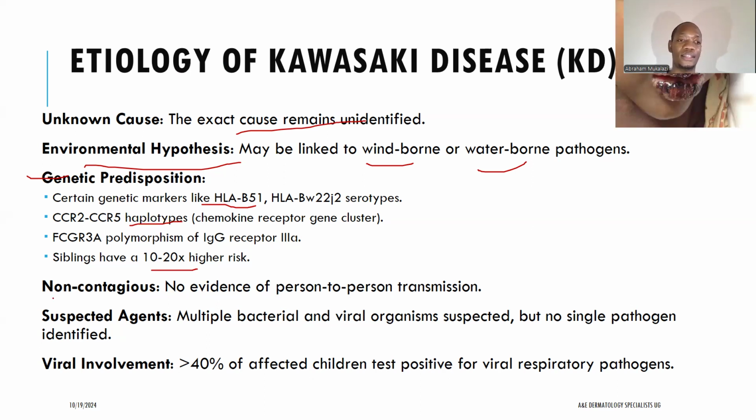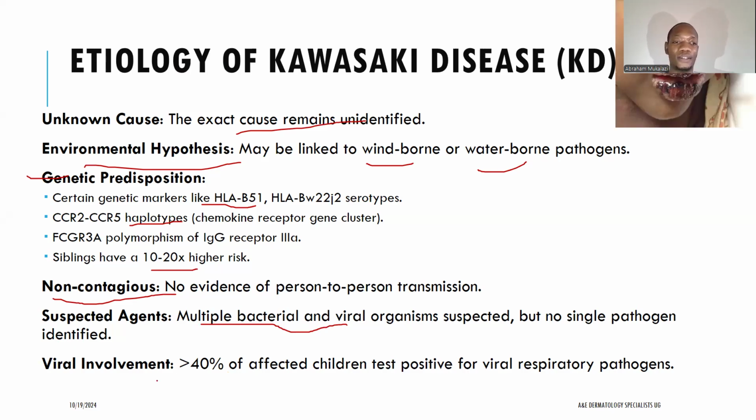The lucky thing is that we've not been able to confirm any evidence of it being contagious, being person-to-person spread. We've been suspecting multiple bacteria, including staph and strep, and other viral organisms, but no confirmatory tests have been done to show that they are the ones that trigger this disease.